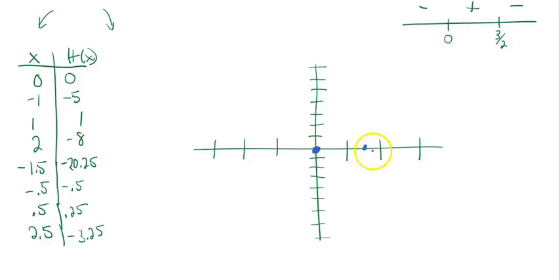I know I've got to go through those points. I know I'm going to be negative before, positive between, and negative after. And that should make the ends both point down like I had planned. So again, I'm going to plot -1, -5. I'm going to plot 1, 1. I'm going to plot 2, -8.